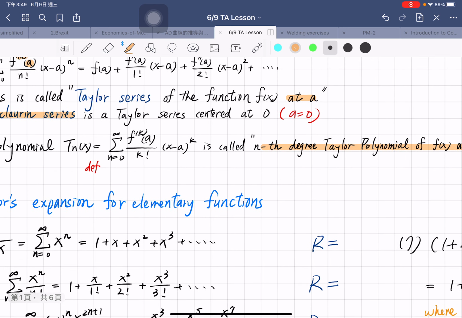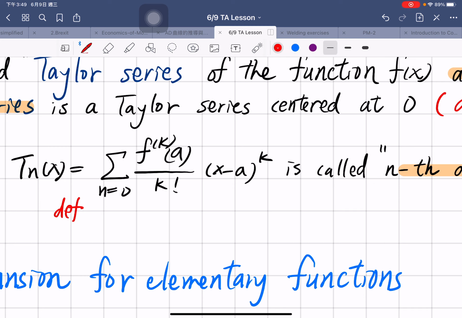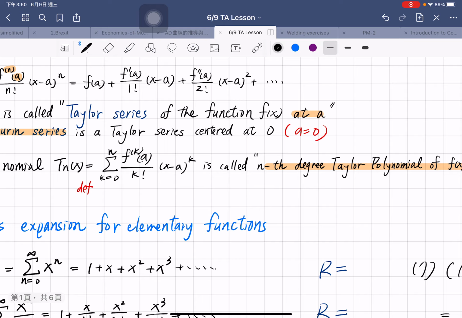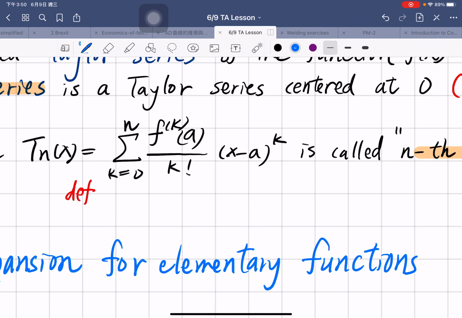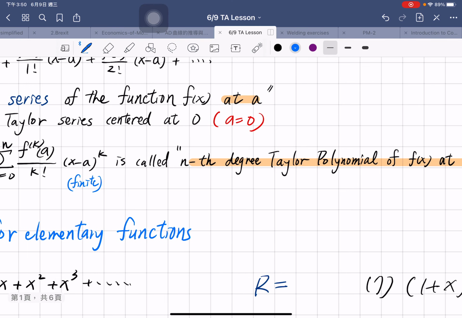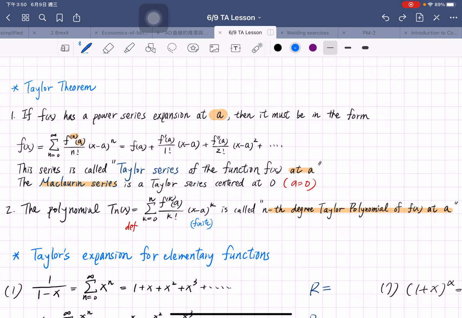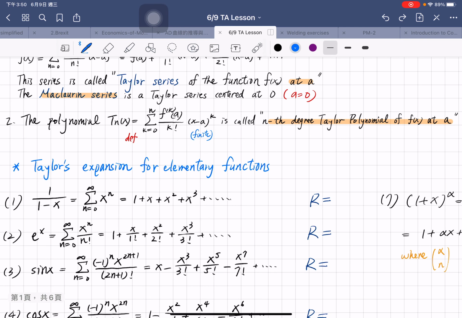Notice that unlike the Taylor series, our polynomial has finitely many terms, so k is from 0 to n. We say it is the nth degree because this is finite. When it's a polynomial, it has a finite number of terms, and the series turns into infinitely many terms. Now we talk about the Taylor expansions of some elementary functions.